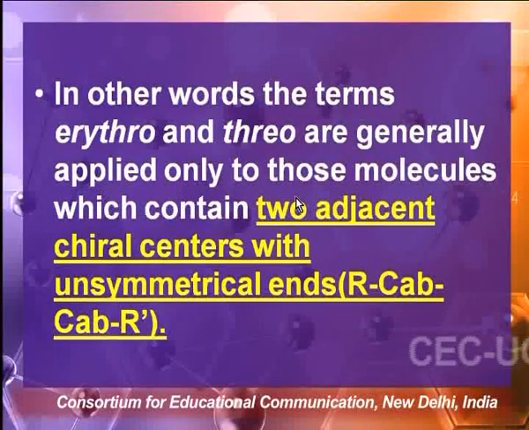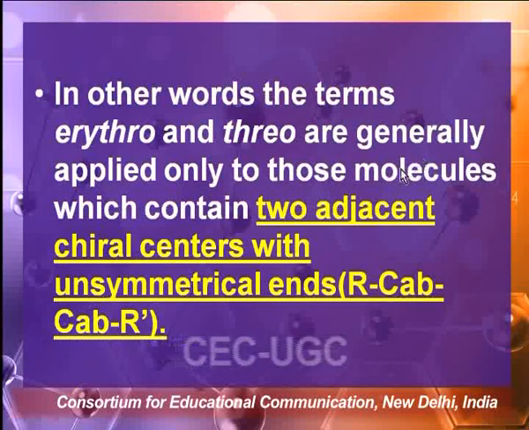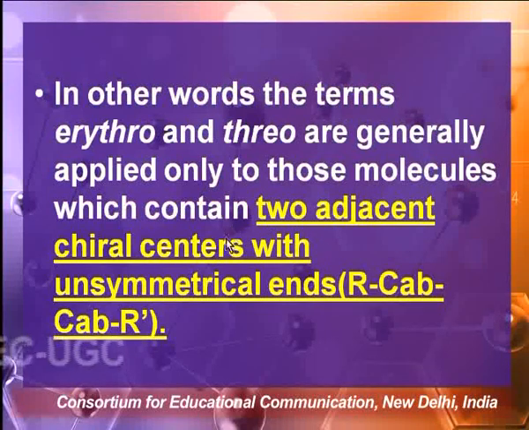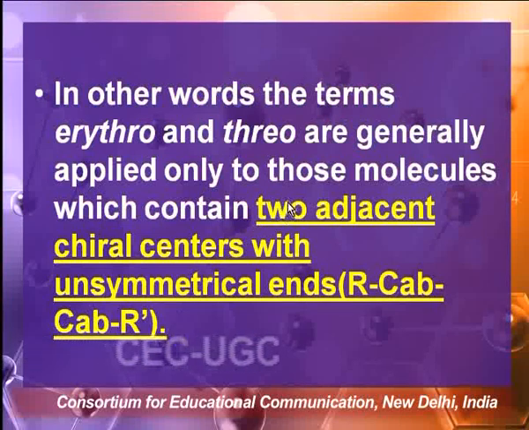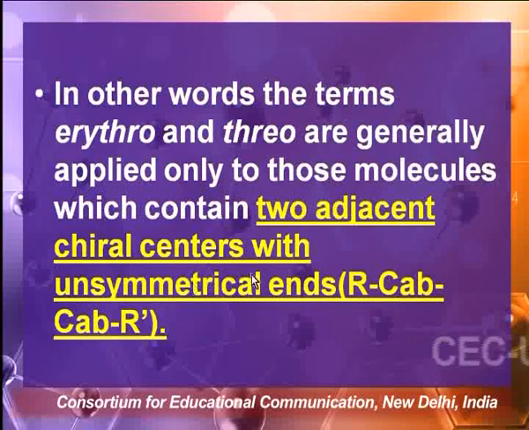In other words, the terms erythro and threo are generally applied only to those molecules which contain two adjacent chiral centers, those chiral centers which are attached to two different groups, or we can even say three different groups, and they have unsymmetrical ends.